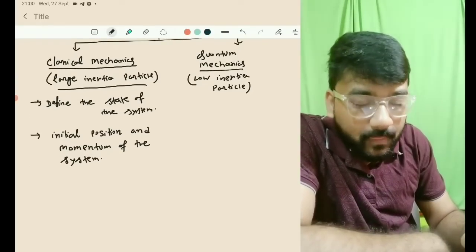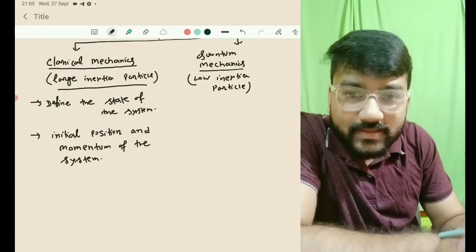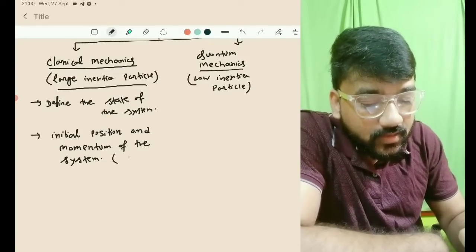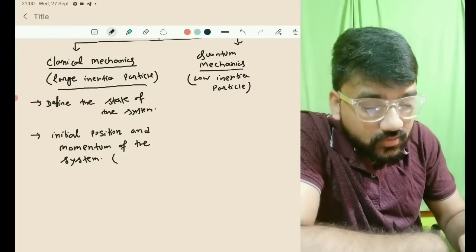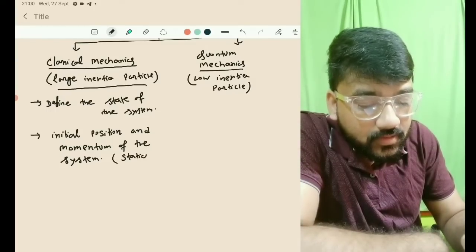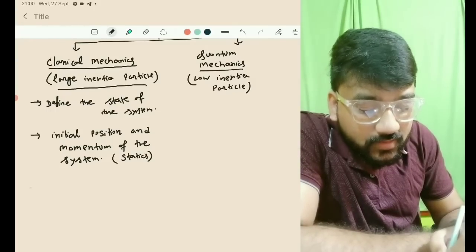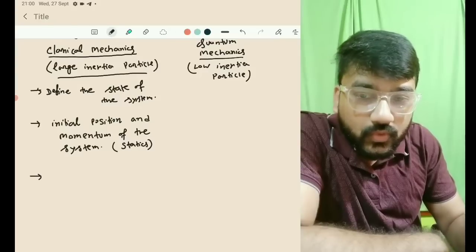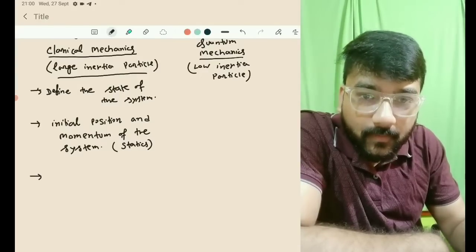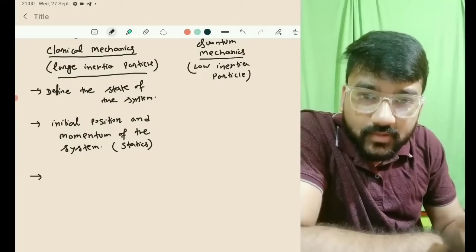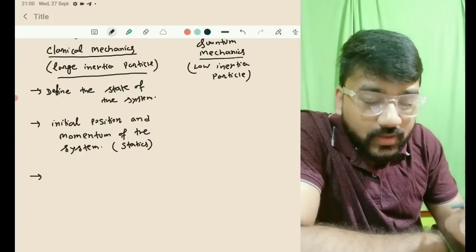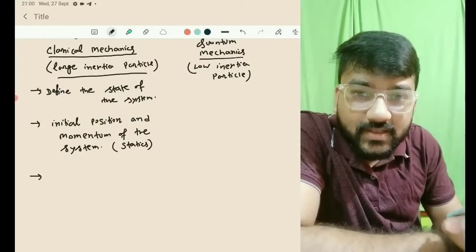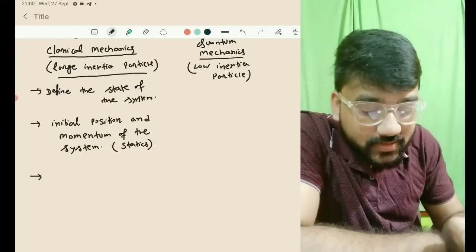This is actually called the statics of the system: initial position and momentum at t equal to 0. Now you have to study the dynamics of the system, that is, we have to know under which law this system evolves, or the basic law of force, that is here Newton's laws of motion in classical mechanics.